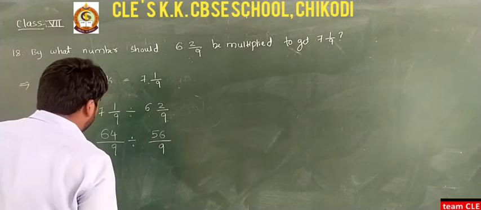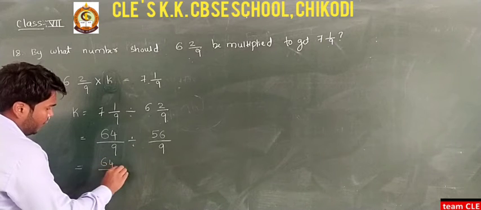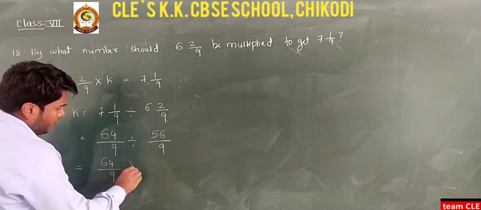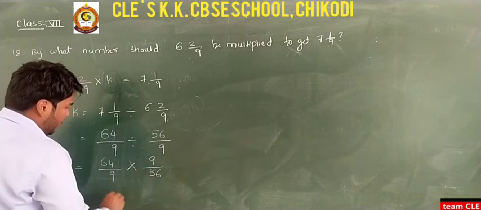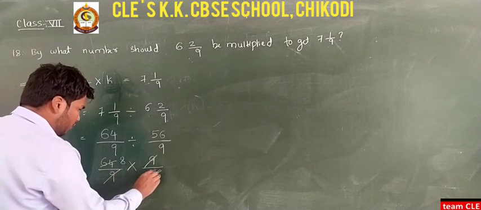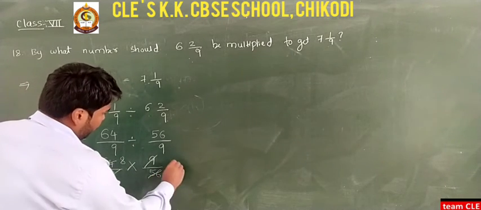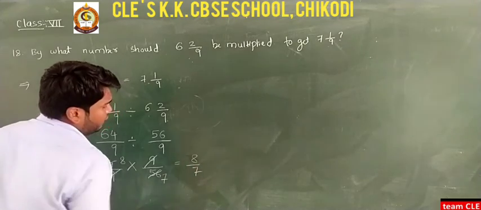So it is 64 by 9 into 9 divided by 56. The 9 gets cancelled. 8 eights are 64, 8 sevens are 56. The answer we get is 8 by 7.